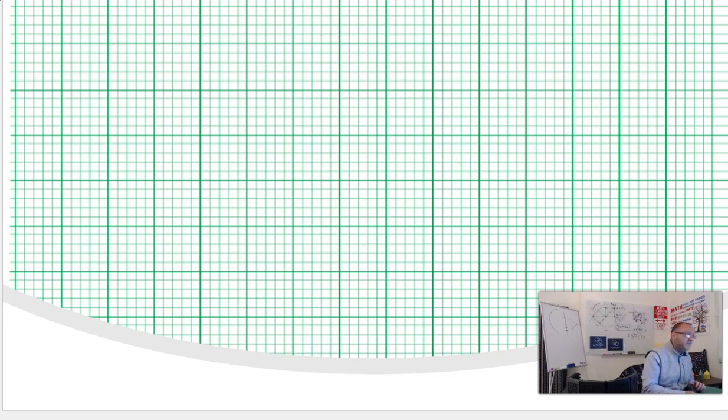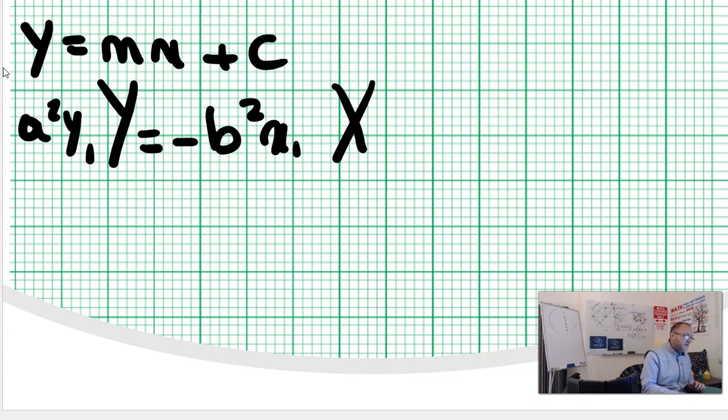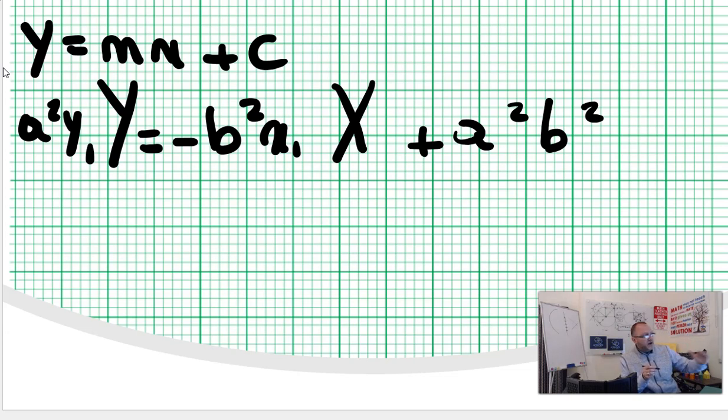The first one being y equals mx plus c, constant, and the second one being a squared y1 y equals minus b squared x1 x plus a squared b squared. So the coefficients, meaning a squared y1 and minus b squared x1, and m, are going to be proportional because the ratios are proportional.